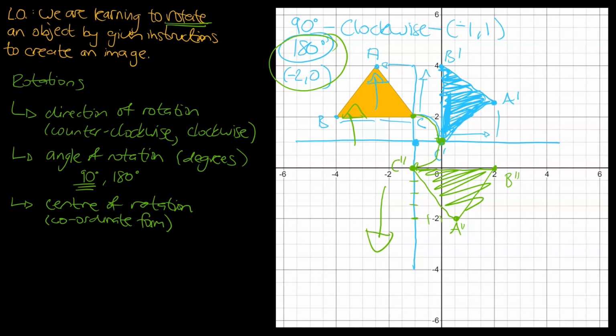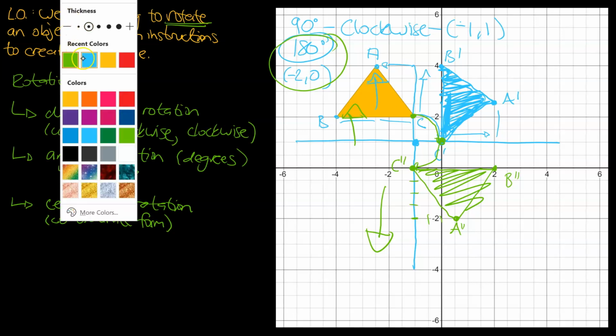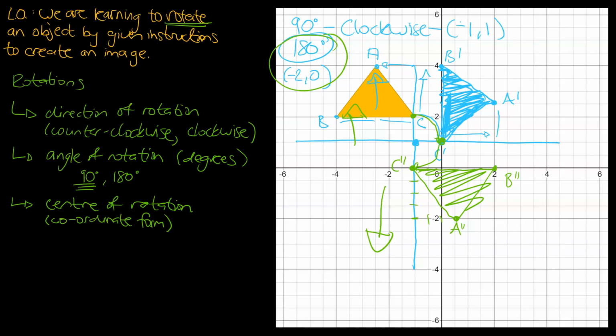I suppose the next question is, how would we describe in words these rotations? So we'll switch to the blue pen and we'll describe that blue transformation. We just put it in key points here, but let's put it in sentences.